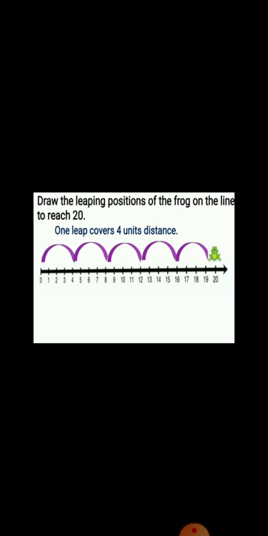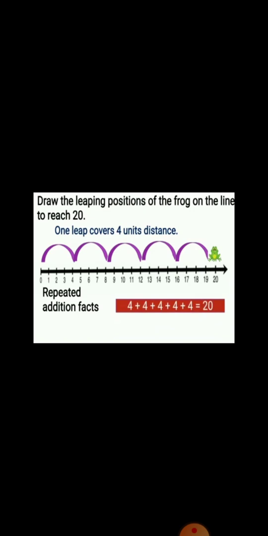Okay, wow. For leaps of 4 units each, it is shown as 0 plus 4 is equal to 4, 4 plus 4 is equal to 8, 8 plus 4 is equal to 12 and 12 plus 4 is equal to 16 and 16 plus 4 is equal to 20.